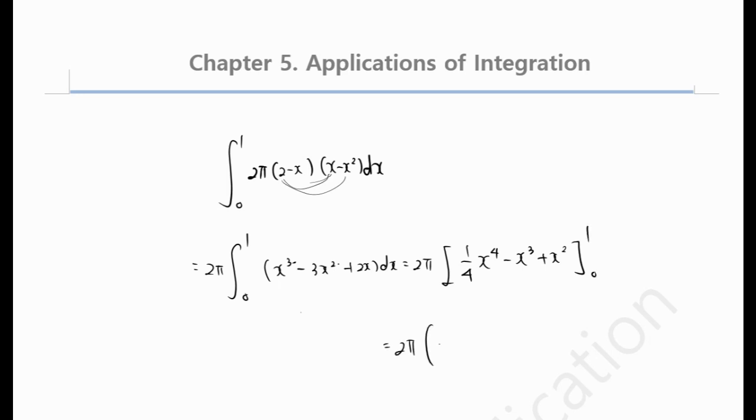That is 2 pi times 1 over 4 minus 1 plus 1, with the 1s cancelled, and this is pi over 2. This is the answer.